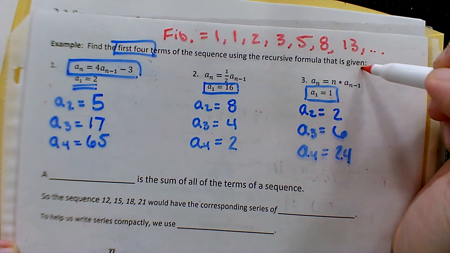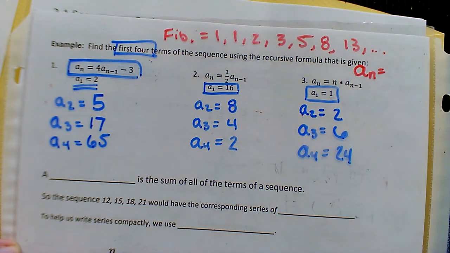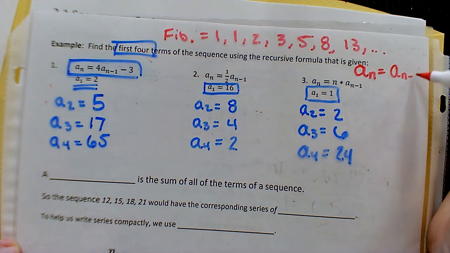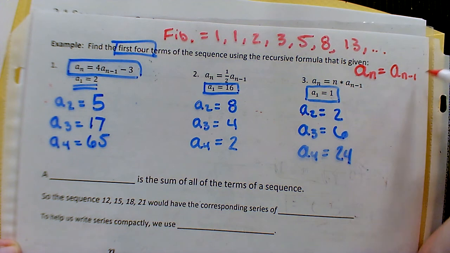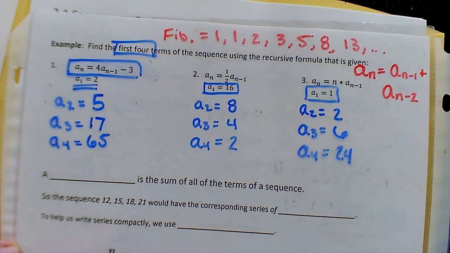So let's say, for instance, we wanted to figure out a sub n, like maybe the 13th number in the sequence. You would have to add the previous 2 terms. So that would be a sub n minus 1, the first term before this one, and then add the next one, which would be a sub n minus 2. Hopefully that makes sense.